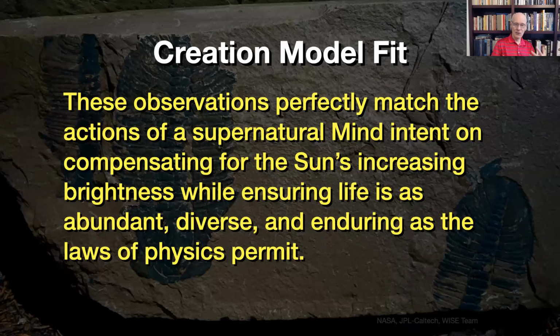That we see in the fossil record this discord between the phylogenetic trees and the paleontological trees, and these episodes of extreme morphological change would actually match exactly what you'd expect for the actions of a supernatural mind concerned to compensate for the sun's increasing brightness, and to do so by ensuring we got the right life on planet Earth at the right time in order to perfectly compensate for what's happening in the sun. And this is simply an example.